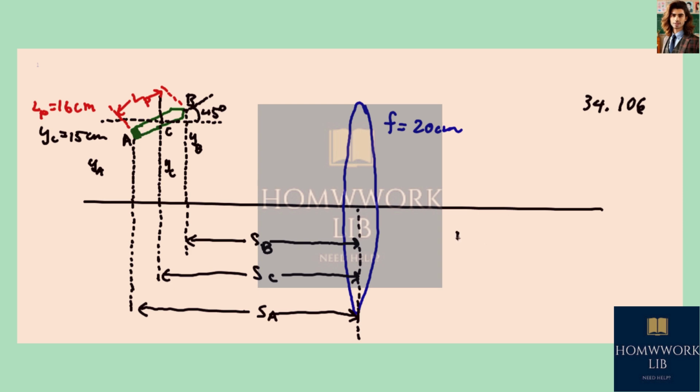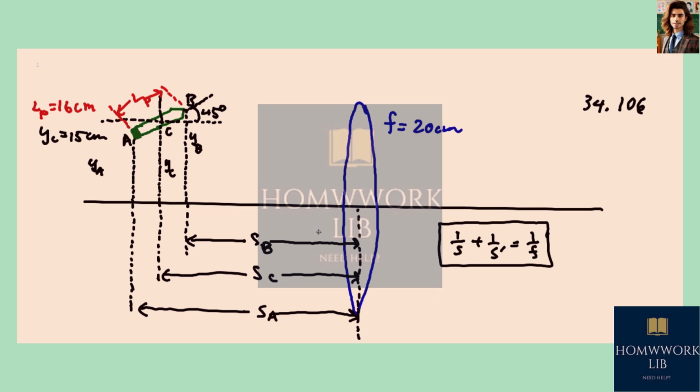apply just two equations, 1 over s plus 1 over s primed is equal to 1 over f. So we'll use this equation 3 times for points A, B, and C. And then we also want to know how the pencil will be oriented.